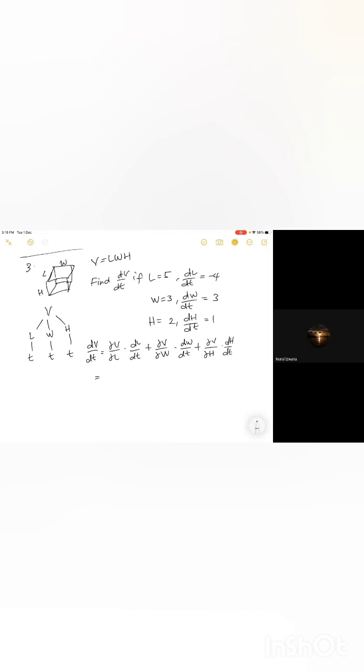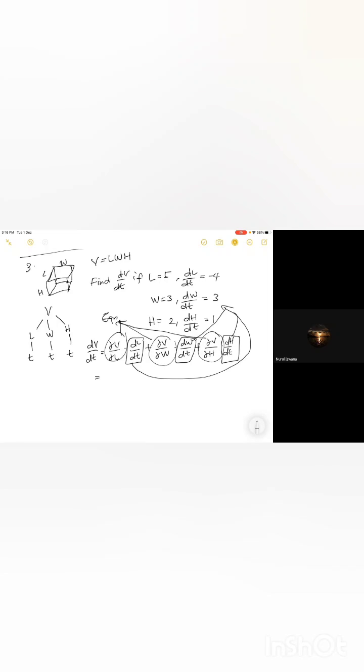Okay, so this one and this one you find from the equation, and then this one and this one you find from the information given.